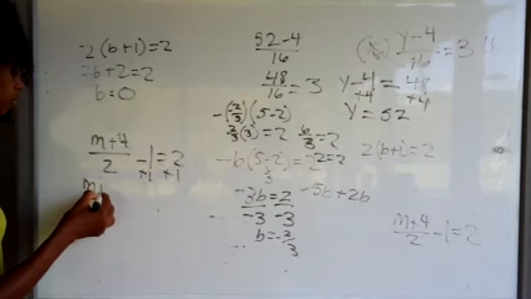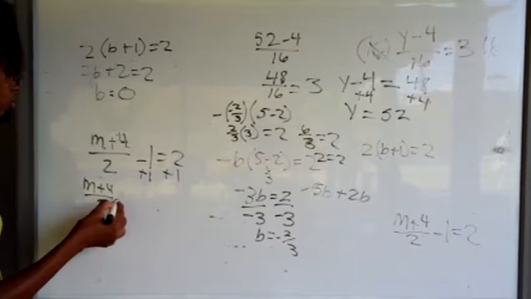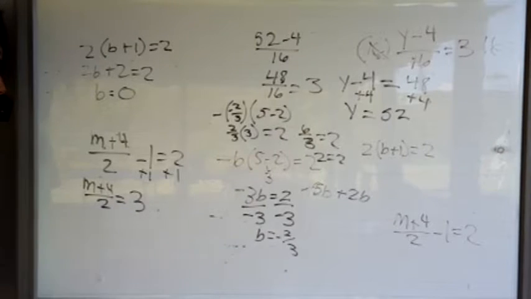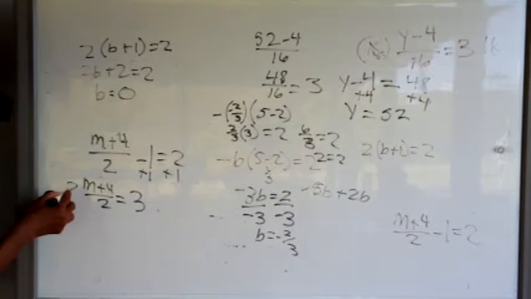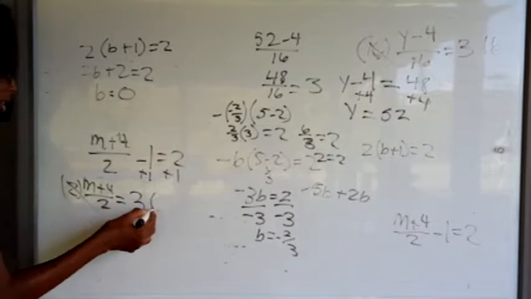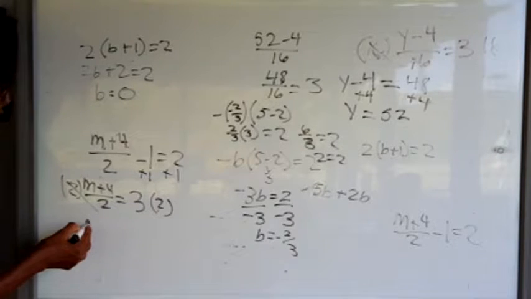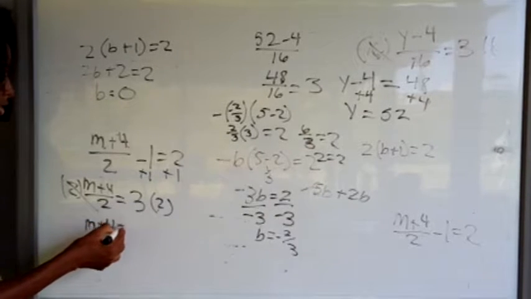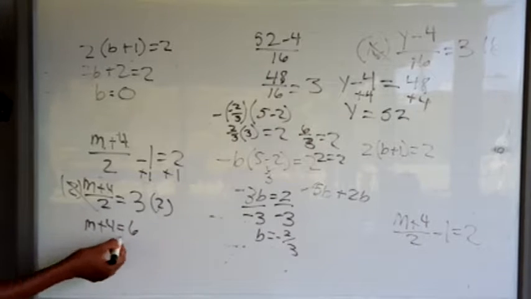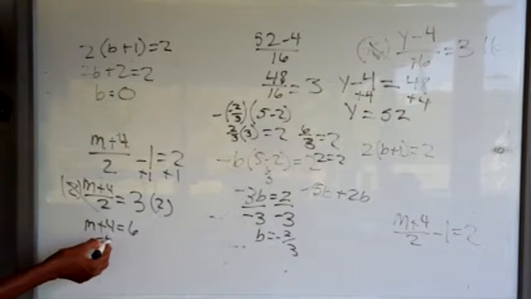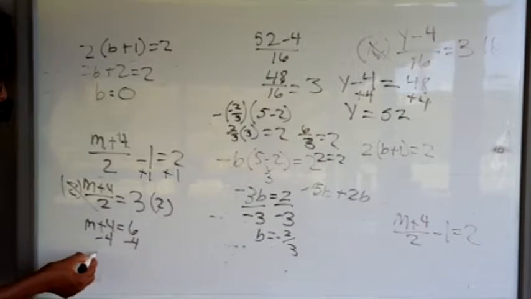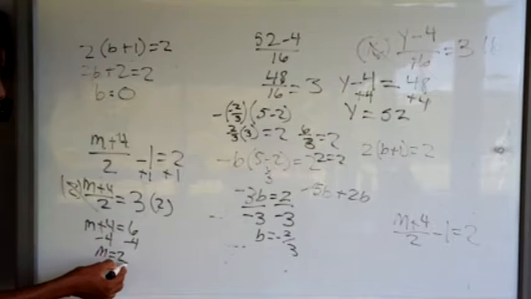That leaves us with m plus 4 over 2 equals 3. Now we have division, so we're going to multiply by 2 to get rid of the division. That leaves us with m plus 4 equals 6. And now we have addition again, so we subtract 4. And that leaves us with m equals 2.